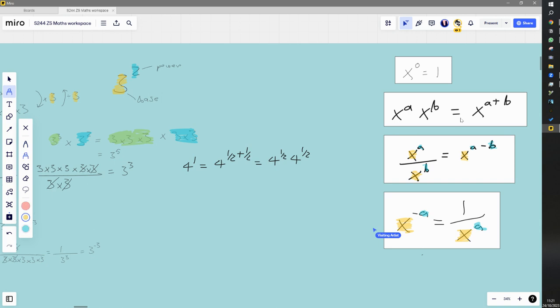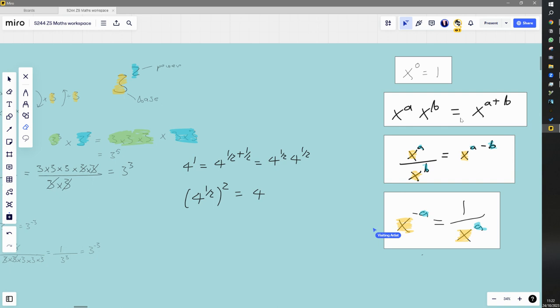So essentially this first half can be the A and the second half could be the B, right? So what we're saying then is that 4 to the power of a half multiplied by itself, or squared, is the same as 4 to the power of 1, or in other words, just 4.